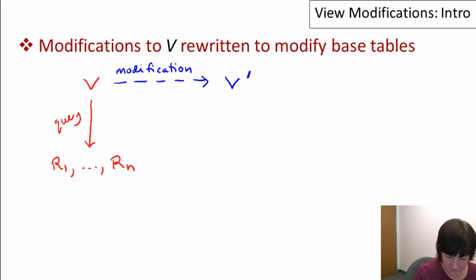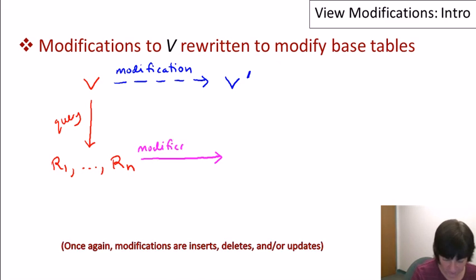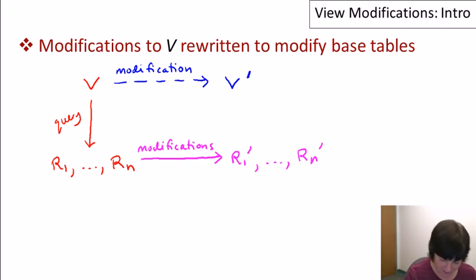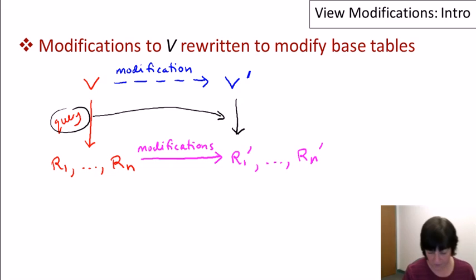What needs to happen is down here at the bottom, that modification, that imaginary modification to V, has to be translated to actual modifications on the base tables R1 through Rn. So now we modify one or more of the base tables to R1 prime through Rn prime. And now the idea is that our imaginary V prime then is the result of this same query, V's definition, over the new R1 prime through Rn prime, the updated base tables.